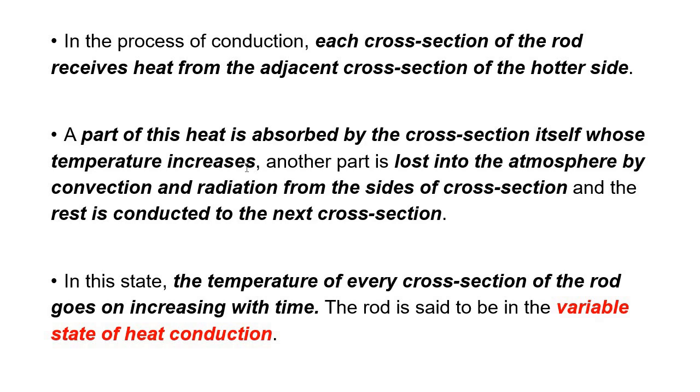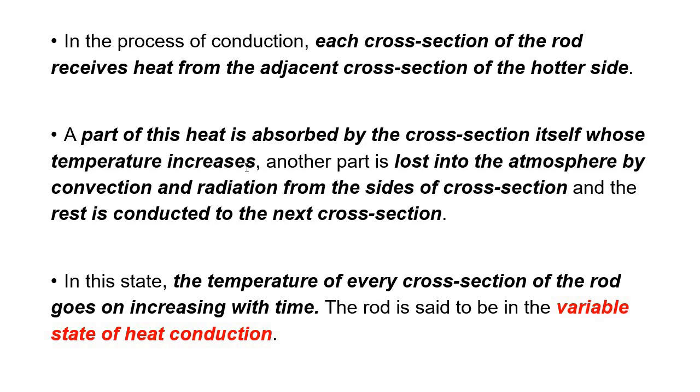The entire heat is not transferred. Some portion is used up in increasing its own temperature. Some portion is lost, heat loss through convection and radiation, which we'll discuss in future in separate videos, and the remaining portion is transferred to the adjacent cross section, which leads to increase in the kinetic energy of the neighboring molecules. Okay, that portion.